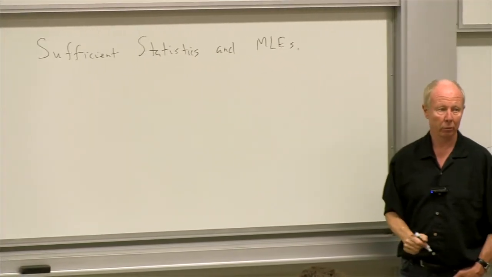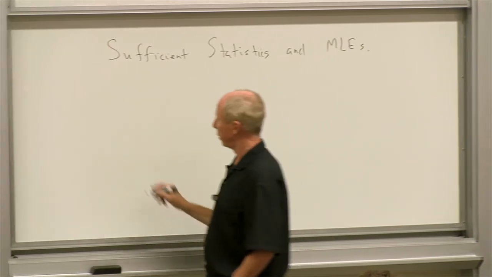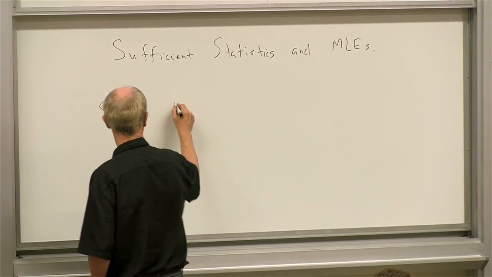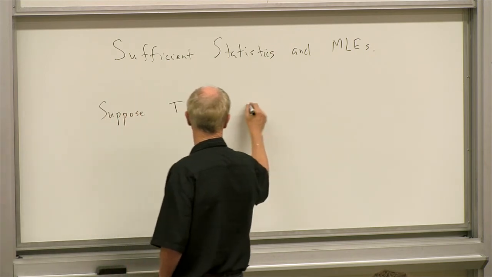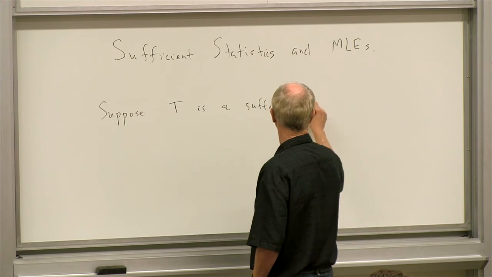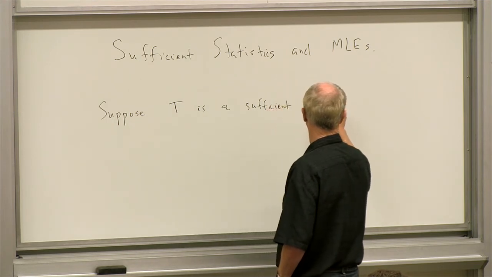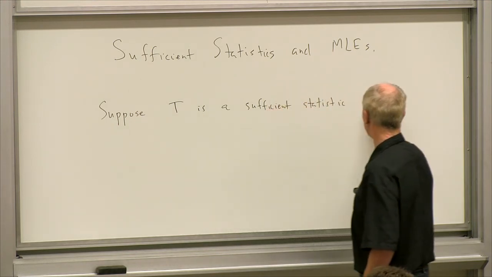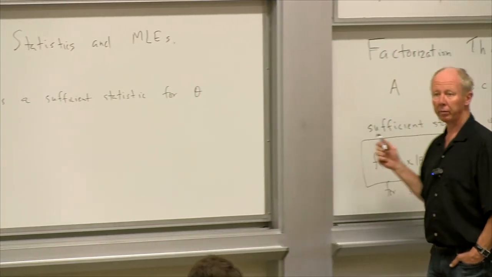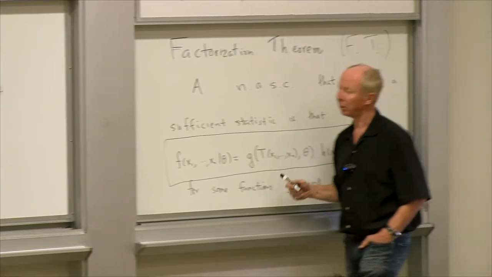How are they related? Well, suppose t is a sufficient statistic for the unknown parameter theta, which could be a vector. Then the factorization takes place.